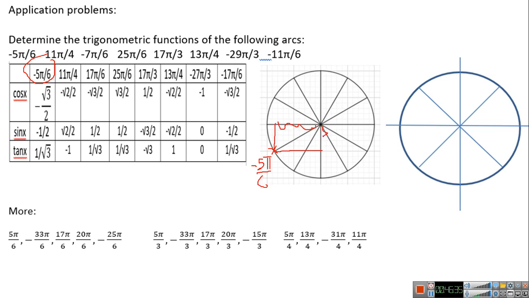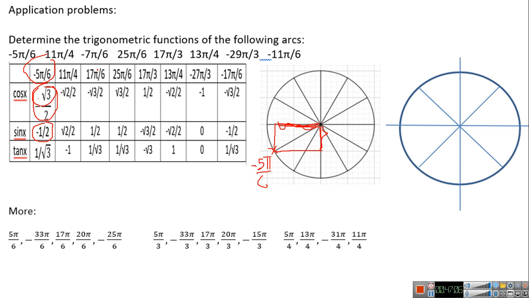You can see that the cosine is bigger than the sine. The bigger one will be radical 3 over 2. So cosine of minus 5 pi over 6 will be the biggest number, but since negative, I put minus radical 3 over 2. The sine is the smallest one, which is minus half. Tangent is sine over cosine. Radical 3 is in the denominator, so I put it as 1 over radical 3.